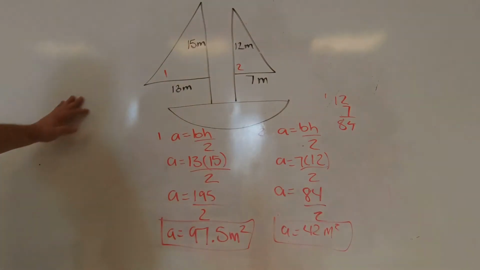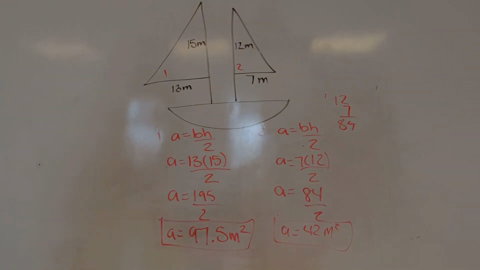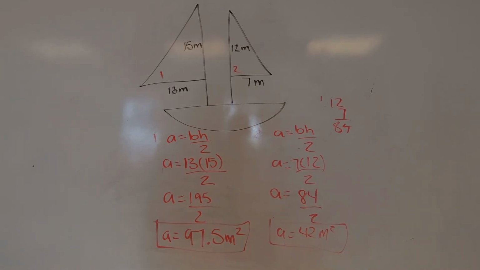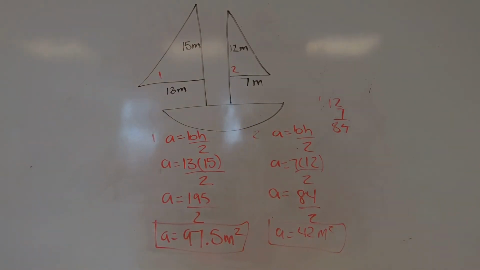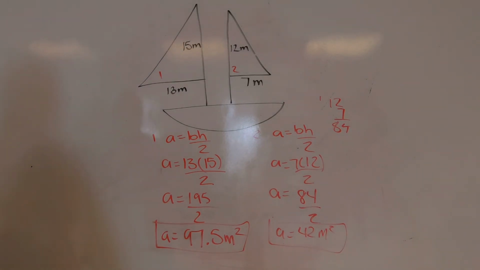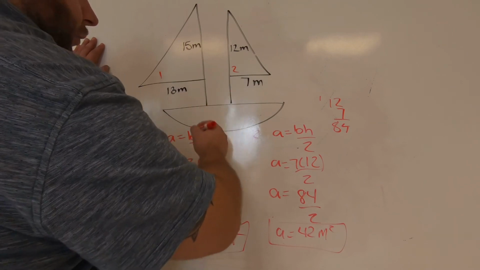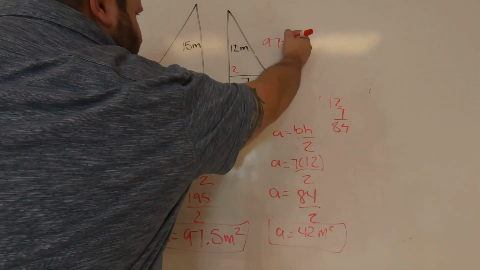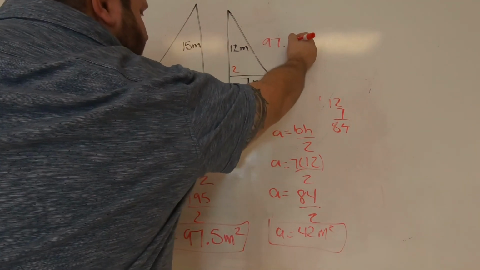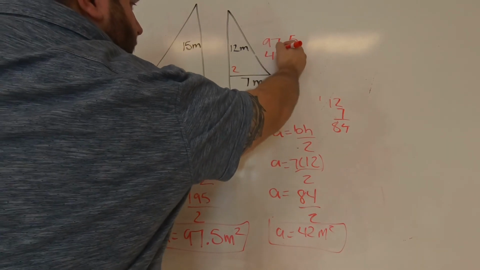So what we've done here is we've calculated the area of both triangles separately, but that wasn't the question. The question was, what's the total area? So the only thing we have to do is add these two sails together. I'm running out of room here, so maybe I'll go up here. 97.5 was the first sail. 42 was the second sail.